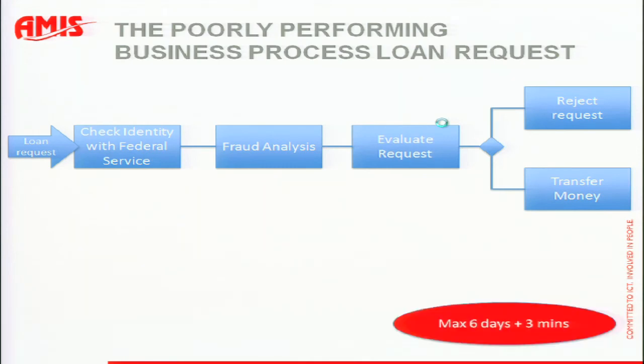The business process can take up to 6 days and 3 minutes. Not sure where the 3 minutes came from. That's because the first step could take up to 1 day, the second step can take up to 2 days, and the third step could take up to 3 days. How can we improve performance here? Well, I'm not going to go into the evaluation of the request.